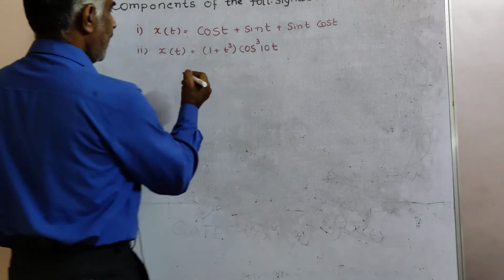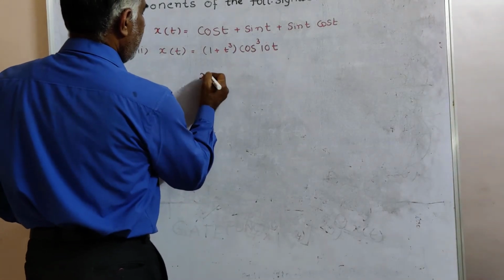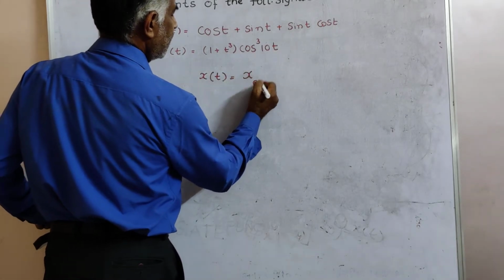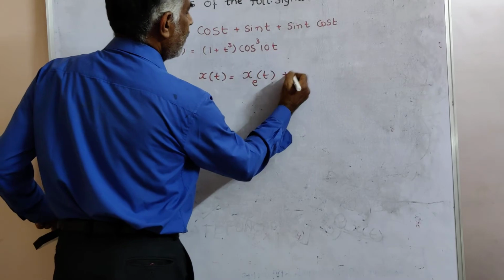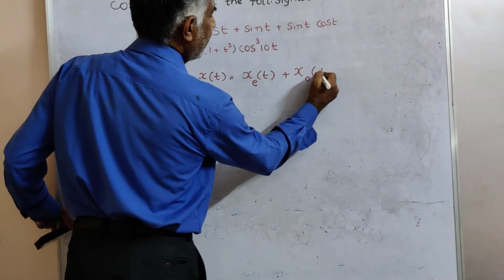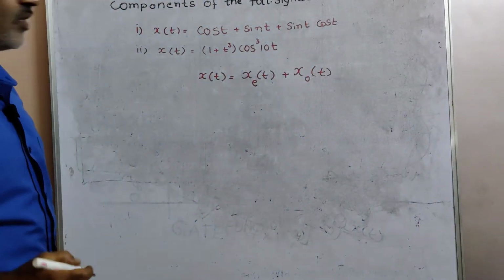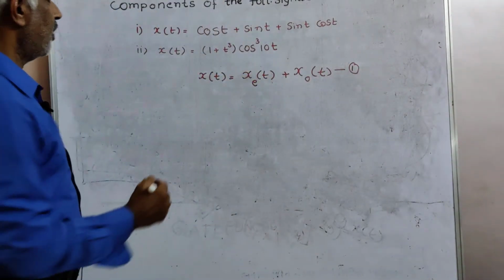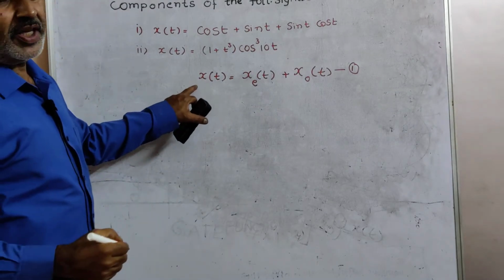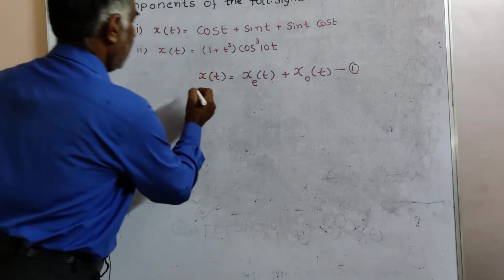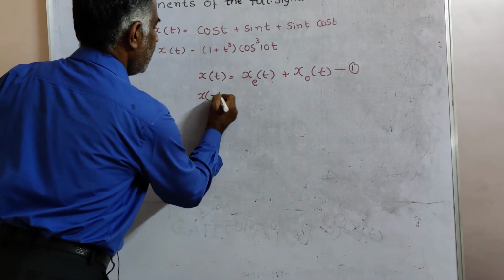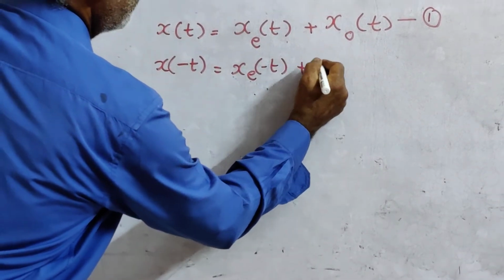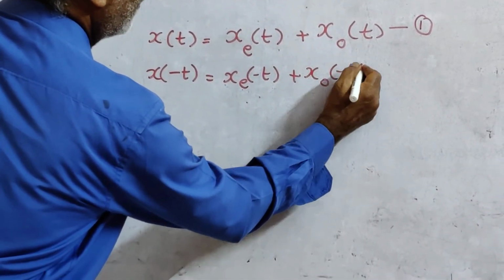First, as you know, any expression will have some even function part and odd function part. You write it as xe(t) + xo(t). Call this equation number 1. Replace t by minus t in equation 1. x(-t) = xe(-t) + xo(-t).